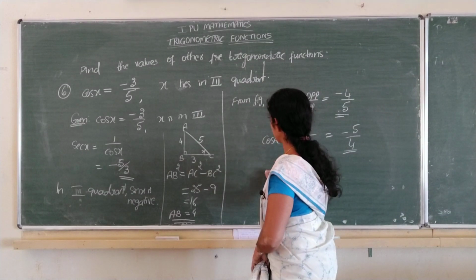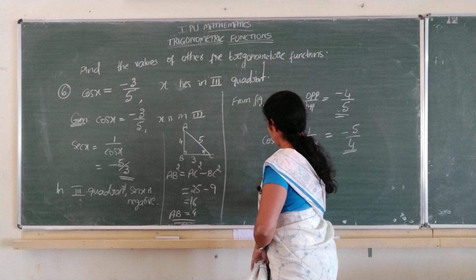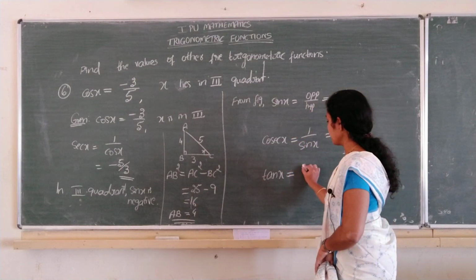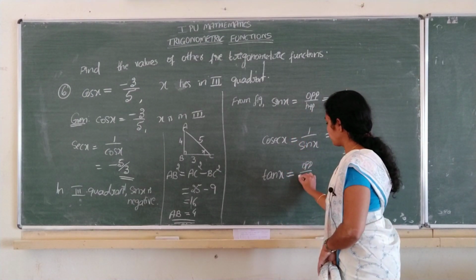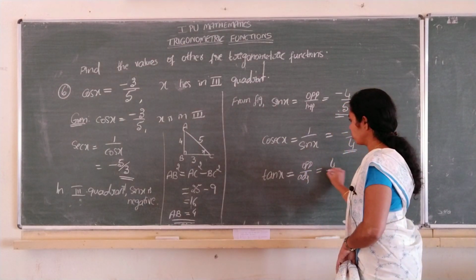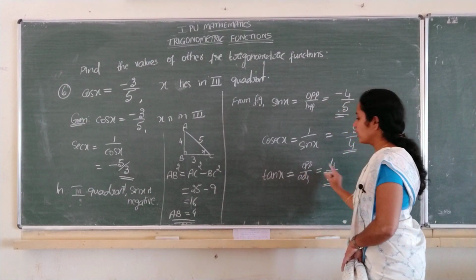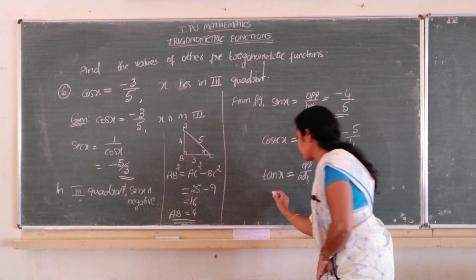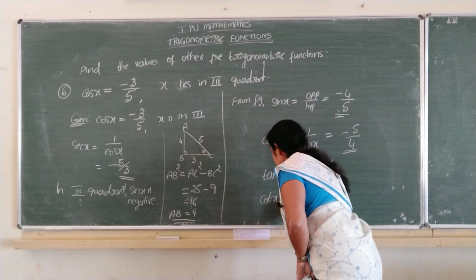Then we have to find out tan x, right? What is tan x? Opposite by adjacent. Opposite is 4 divided by 3. In the third quadrant, tan is positive. So 4 by 3. One more, cot x.